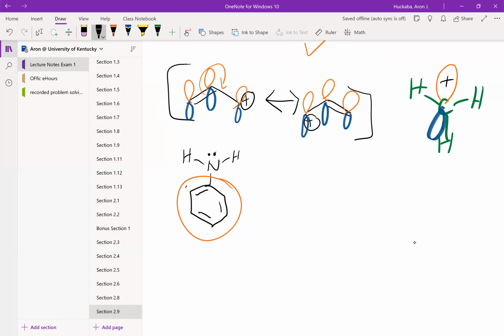And the reason why is because if it's totally flat, this lone pair of electrons here can participate in the conjugation of the molecule and make resonance forms like this.